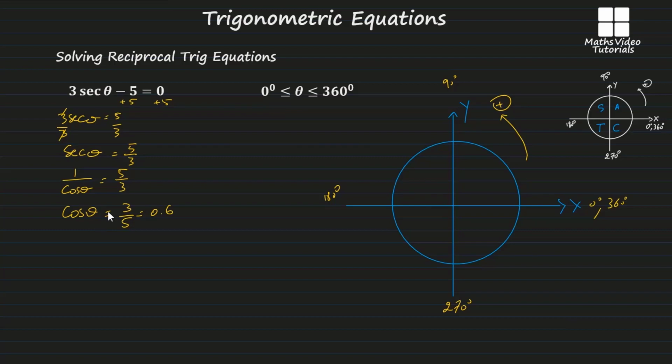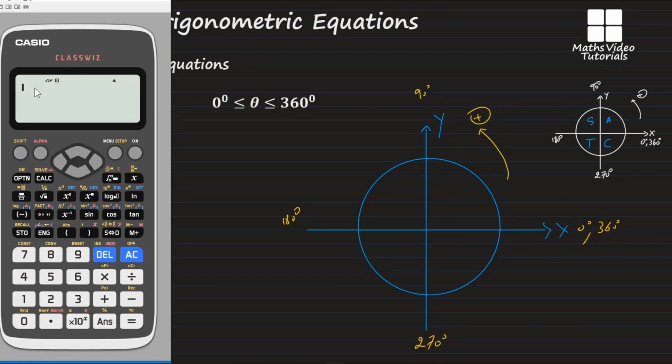So to find the size of the angle theta, we're going to say theta is equal to inverse cos of 0.6, and we plug this into our calculator, making sure that our calculator is set to degrees. To access the inverse function, we need to press shift and then cos, and then 0.6, and then the answer is 53.1.